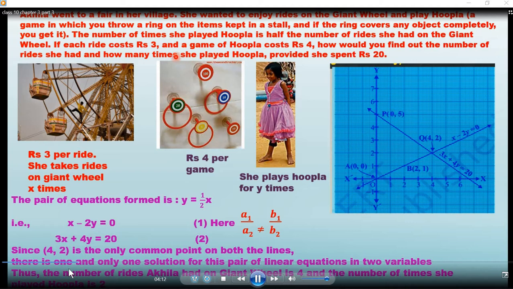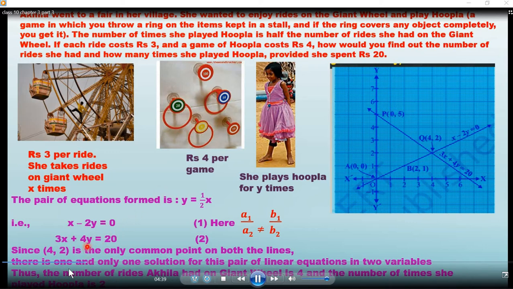The second condition is that if each ride costs ₹3, ride means X. So, if one ride is ₹3, then X rides will cost her how many rupees? 3X rupees. And a game of hoopla is costing her ₹4. One game ₹4.